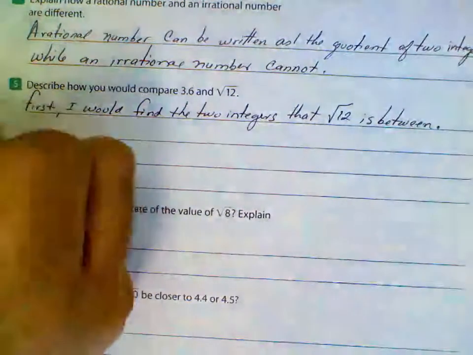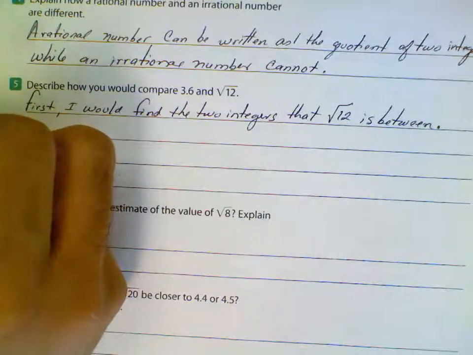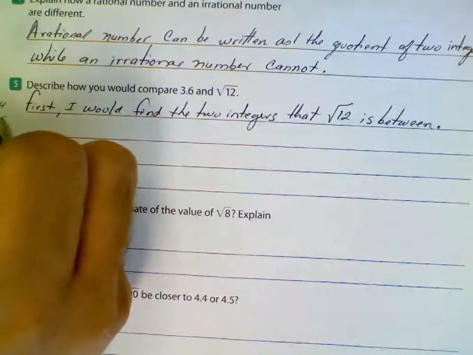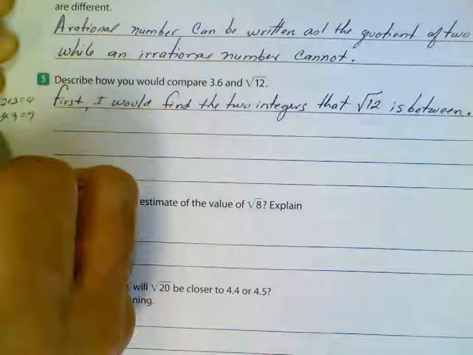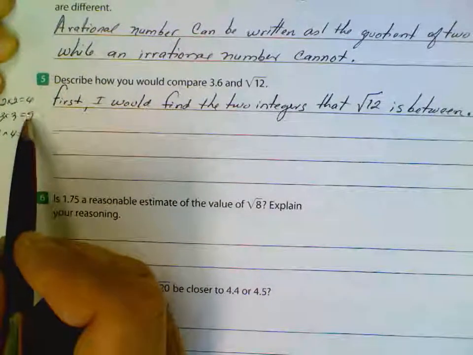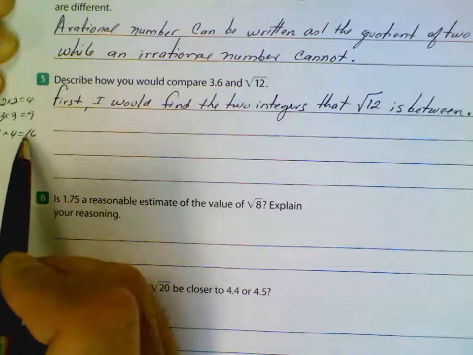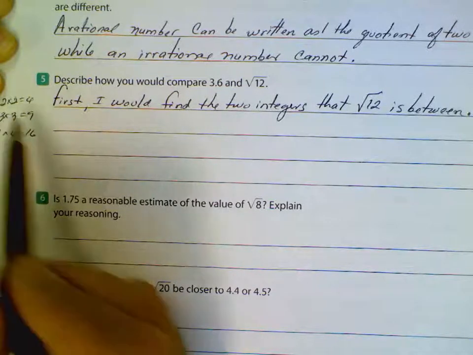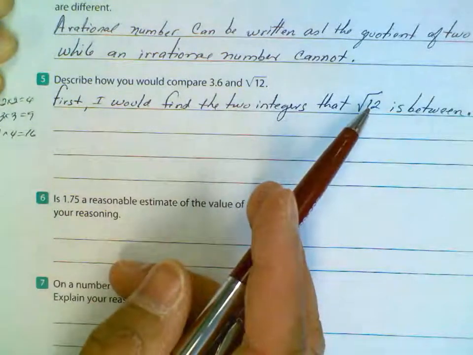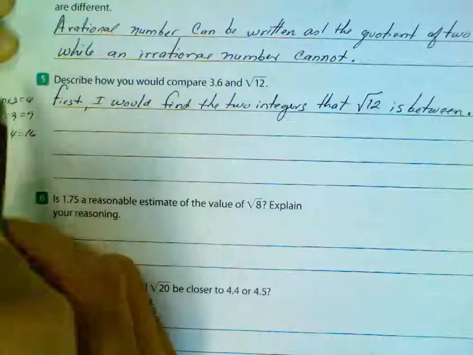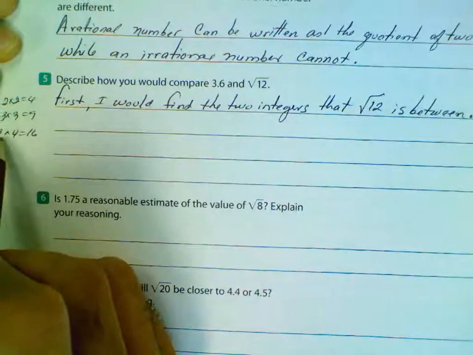I know if you do, for example, 2 times 2 equals 4, 3 times 3 equals 9, 4 times 4 equals 16. So it's between the square root of 9 and the square root of 16. That means 3 and 4, but it's 12. Okay, so in this case it's a little closer to 3 than it is to 4.